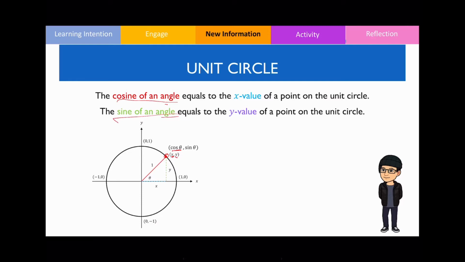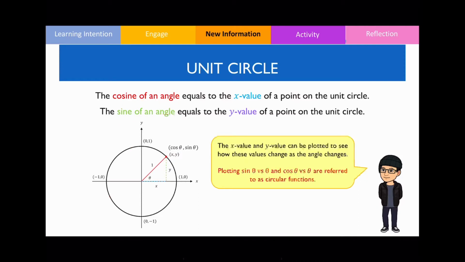Now, if you're finding out what that position was, or this position even, we know that because the unit circle has a radius of 1, the x and y value will lie in between the values of -1 as well as +1. So it's within this particular restriction over here. Now, the x value as well as y value can be plotted to see how these values change as we change the angle.